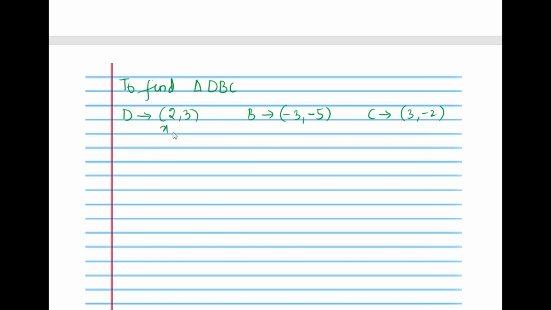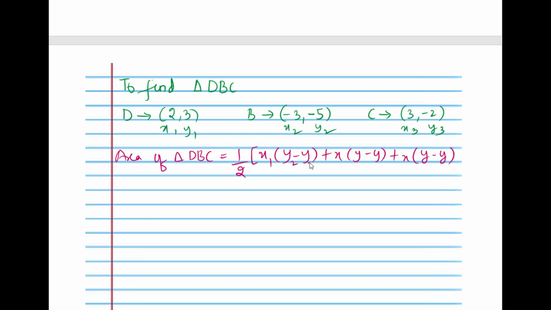Now consider it as x1, y1, x2, y2, x3, y3. Now area of triangle DBC equals half into x1 into y2 minus y3, plus x2 into y3 minus y1, plus x3 into y1 minus y2.